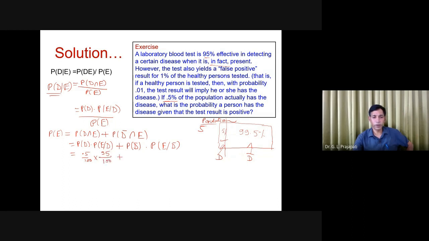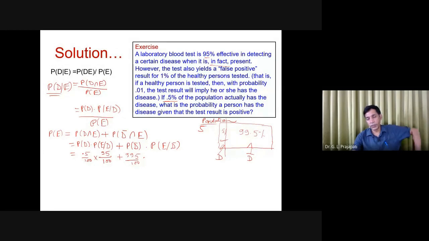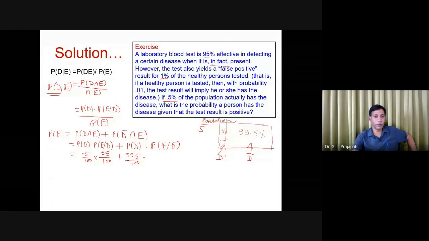Probability of D complement: what is the probability of healthy persons? 99.5 by 100, you can say, multiplied by probability of E given the healthy person. What is the probability that the test result is positive given that the person is healthy? 0.01, which means 1%. So this is 1%.